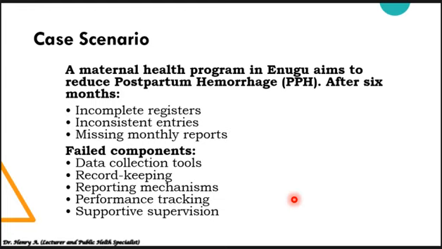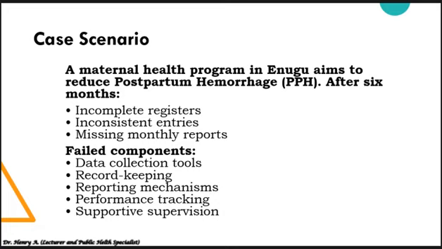Reporting mechanisms, that failed. Performance tracking, that also failed. Supportive supervision, well, that failed too, because if somebody was supervising them effectively, the registers would have been complete, the entries would have been consistent, and then they wouldn't have been missing monthly reports.